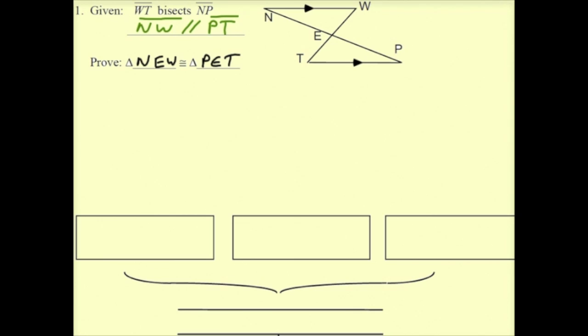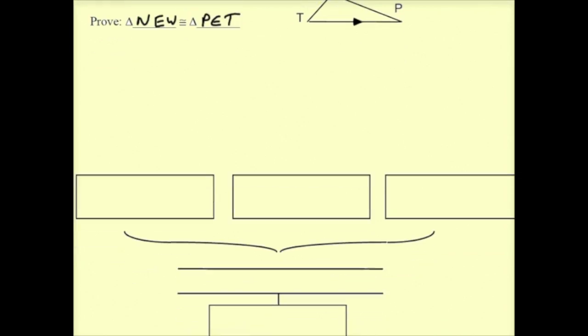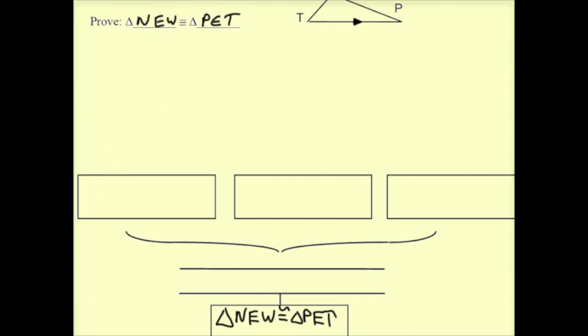So right away, we know that the given statements are there, but the proof statement, that's what we're trying to prove, so that goes in that last box down here. And in the previous slide, we ascertained that we're going to use the ASA theorem to prove that.